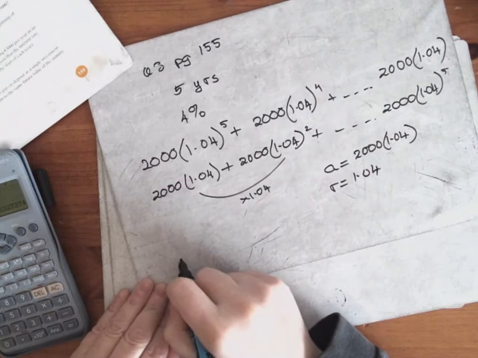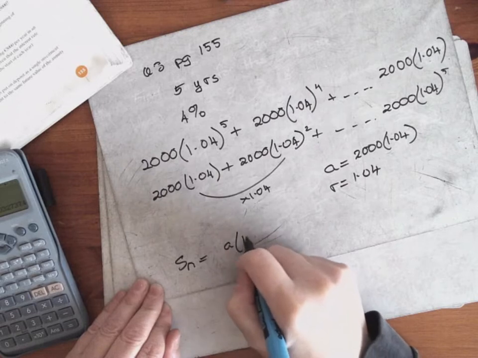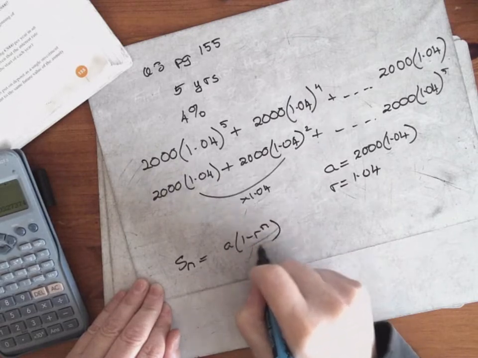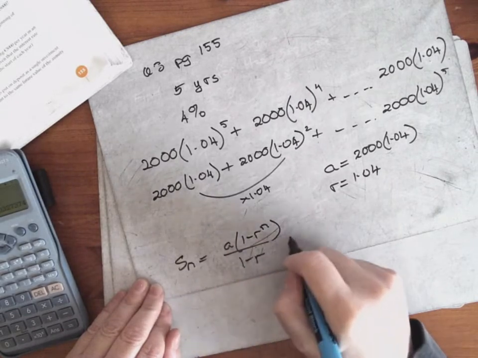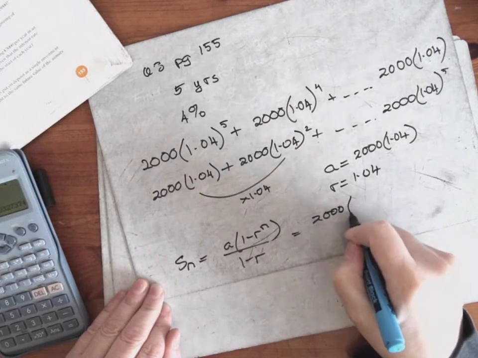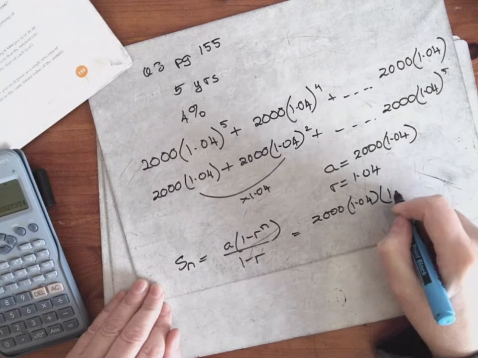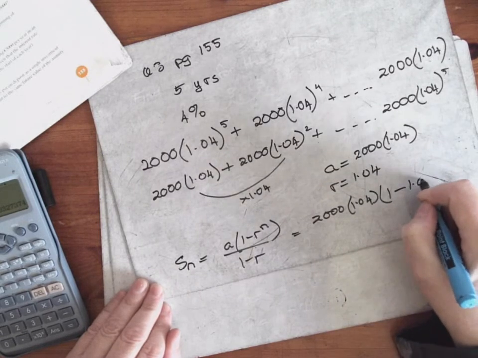Okay, so then you get Sn. Sn equals A times 1 minus R to the power of n all over 1 minus R. A is the first term, which is 2,000 multiplied by 1.04, and then 1 minus R is 1 minus 1.04.